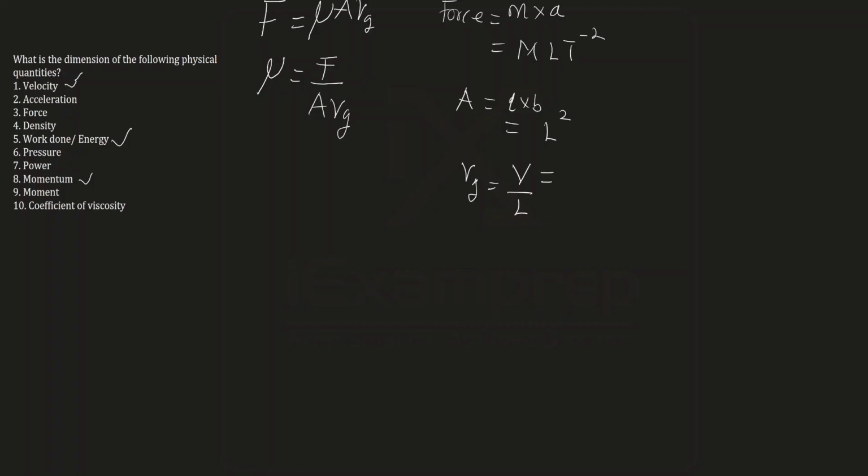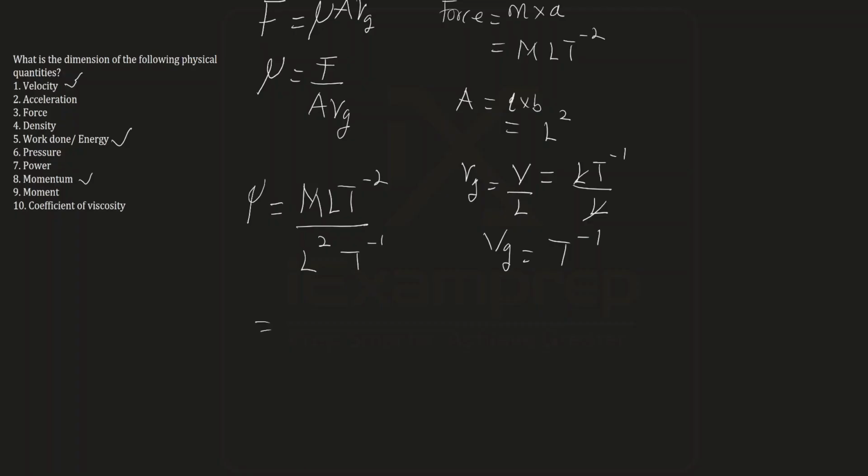So that is going to equal LT to the power of -1 over L. Since L cancels L, we have T to the power of -1. Putting it together, dimension for coefficient of viscosity is going to equal MLT to the power of -2 over L squared multiplied by T to the power of -1.